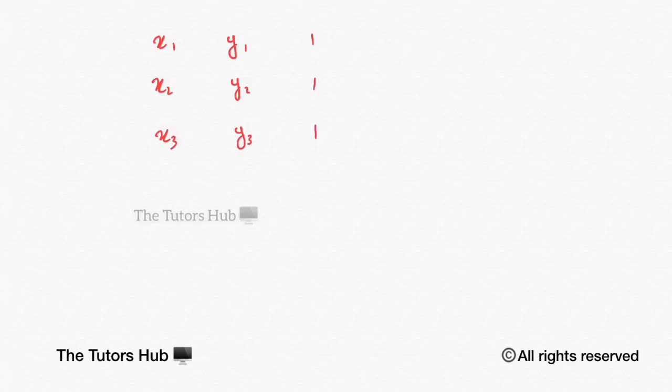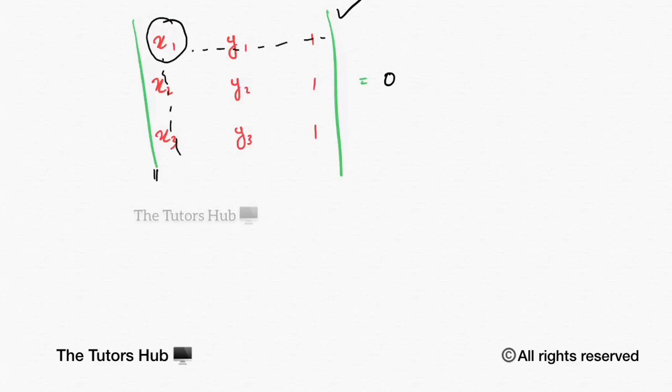So now I am writing x1 y1 1, x2 y2 1, x3 y3 1. For the lines to be concurrent, the determinant of the coefficients, this determinant matrix, will be equal to 0. That is, x1 y1 1, x2 y2 1, x3 y3 1 equal to 0.